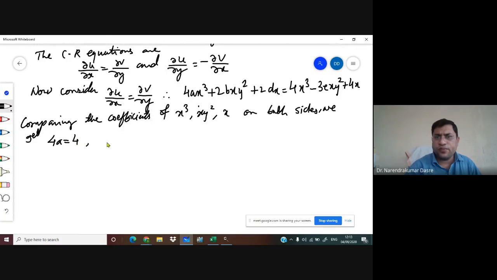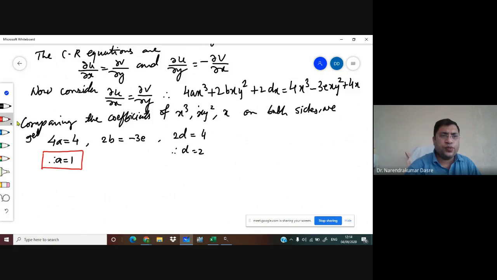On the other side, it is going to be 4. Then this is 2b, and here we have -3e. This 2b equals -3e, so let this equation stay as it is because b and e are unknown. So from the first, I can get a is equal to 1. Okay, so we got the first coefficient. And for the x terms, 2 we can cancel, and hence d is equal to 2. So we got here that a is equal to 1 and d is equal to 2.